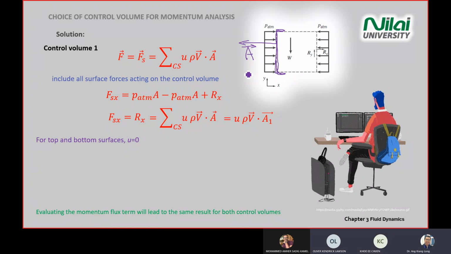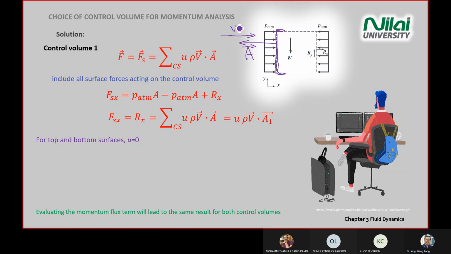Yeah, understand. Then you input the velocity like that. So now you take velocity times the area, you get negative. Understand? Okay. Cool.